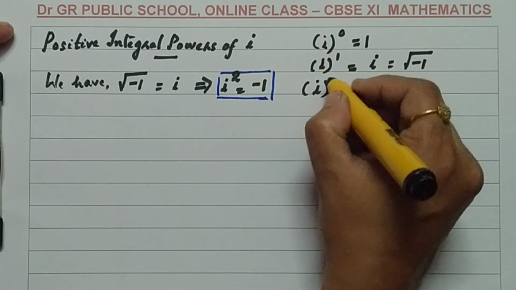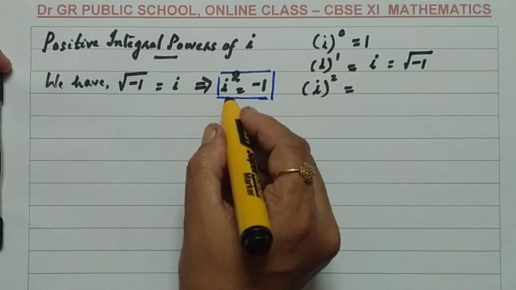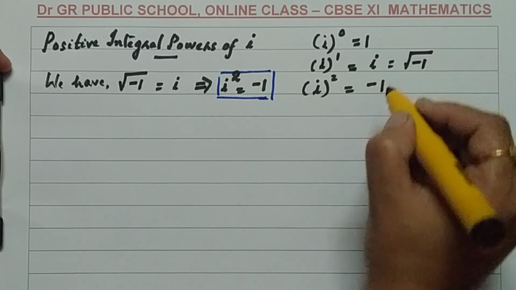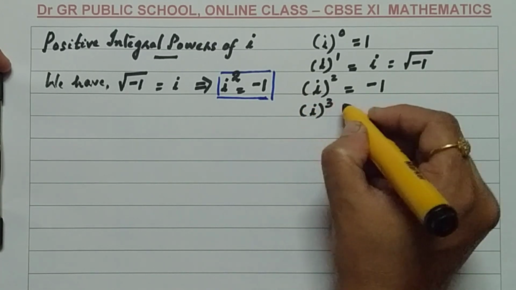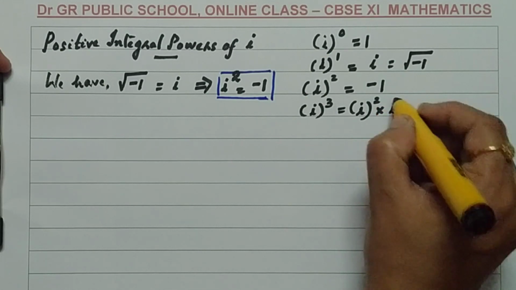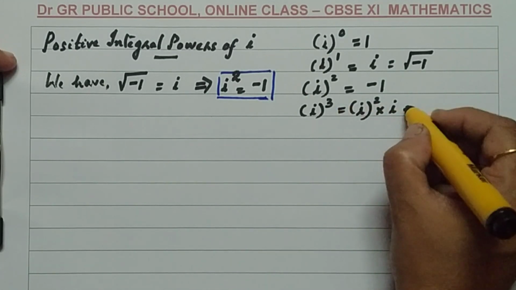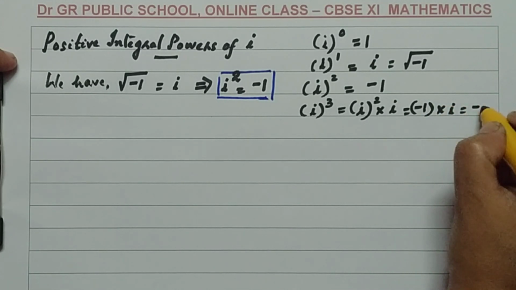Now i square equals minus 1. What about i cube? i cube can be written as i square into i. The value of i square is minus 1, so minus 1 into i equals minus i.